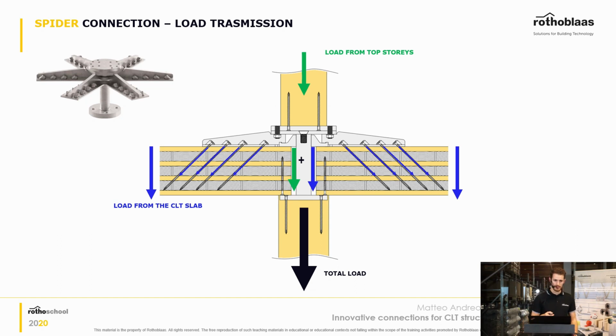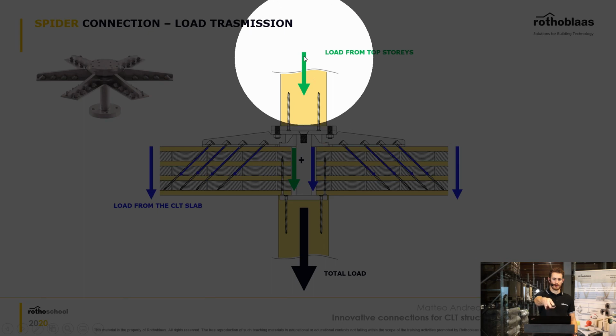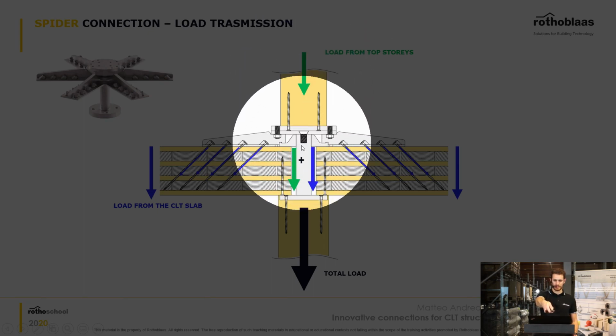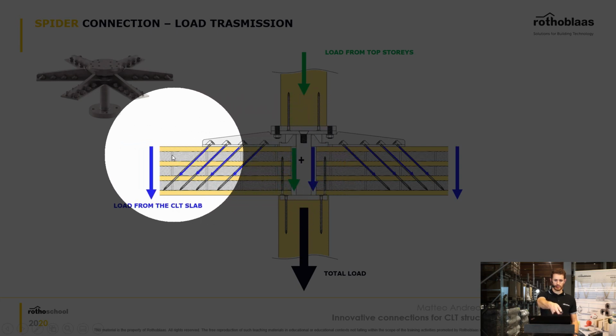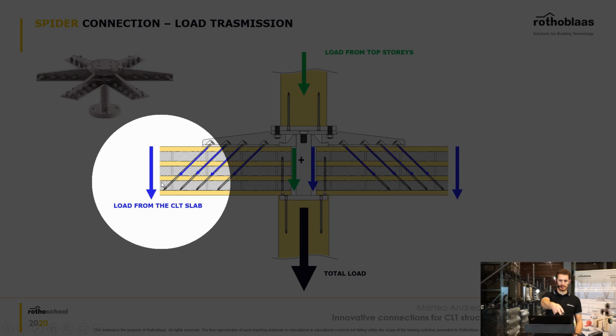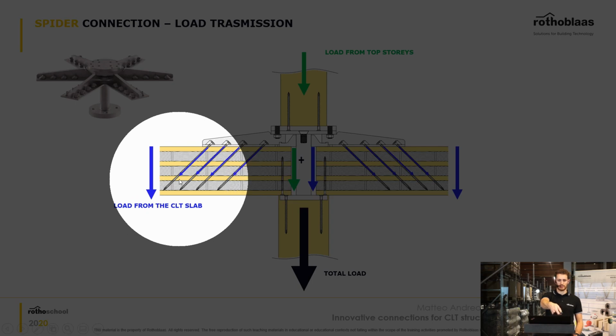First of all, how the loads are going into our connection. Of course, you have the load that comes from the upper floors, which is going down here, and you have as well to add the load from the CLT slab, which is the one you can see right here.